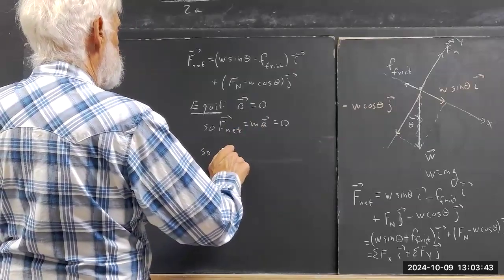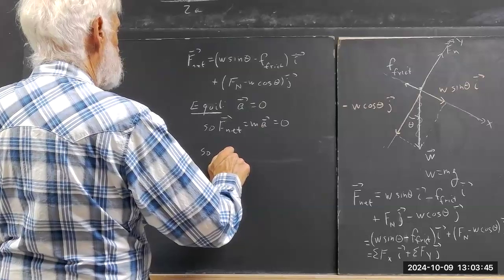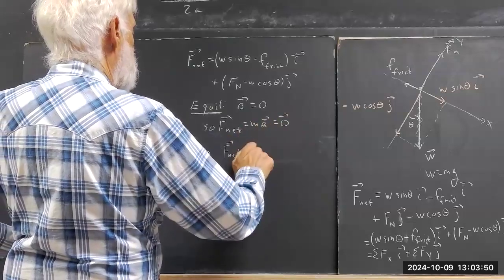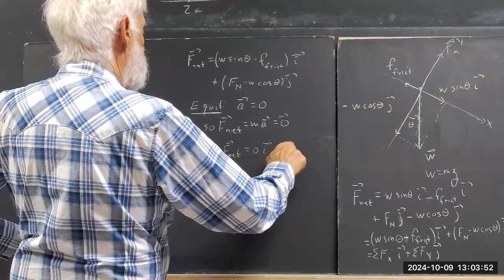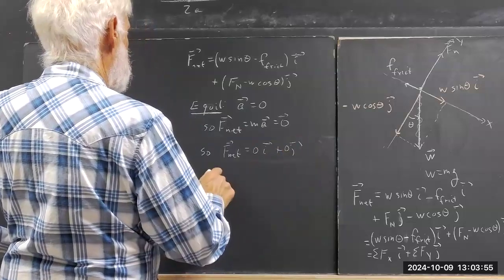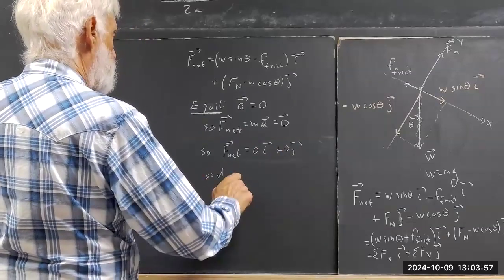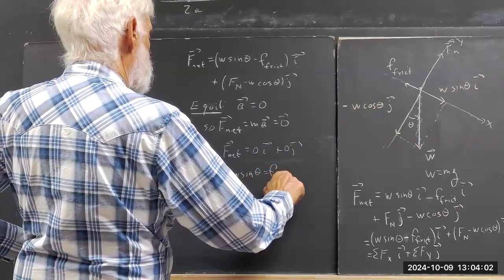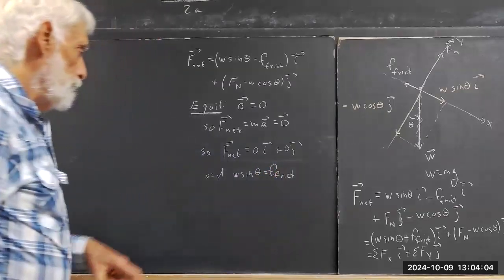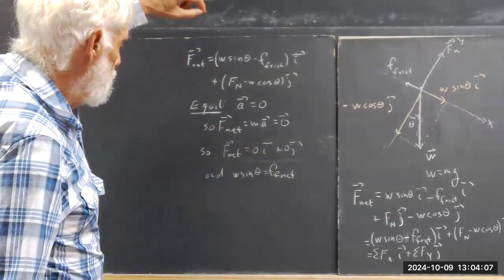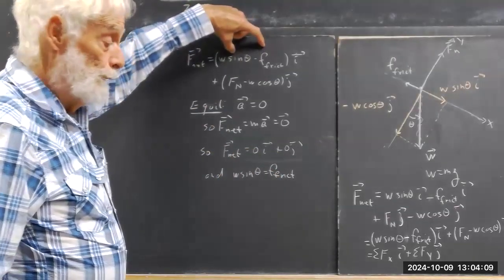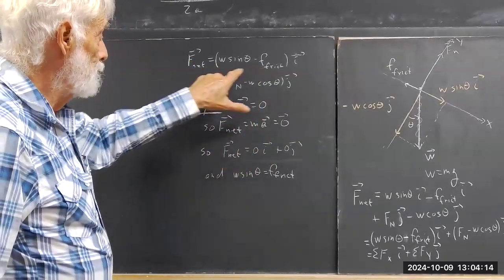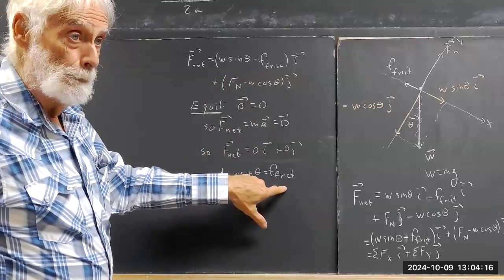So F net is 0I plus 0J. So this would then have to be 0. And if this is 0, then these two forces are equal in magnitude, right?